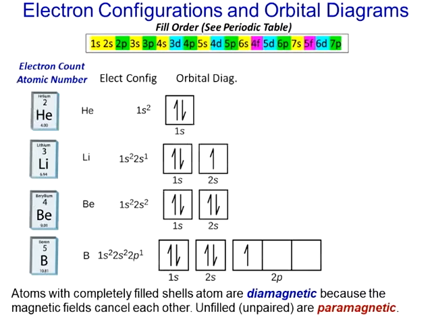Well, since there's only 2, we can account for those 2 in the very first 1s. So we have a 1s2 for the electron configuration. The orbital diagram only requires 1 box because it only is an s orbital, 1 up, 1 spin down. Therefore, we have helium. Lithium. Atomic number 3. 3 electrons account for an electron configuration.